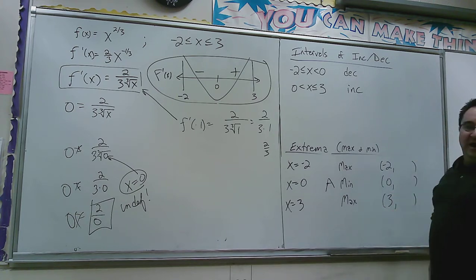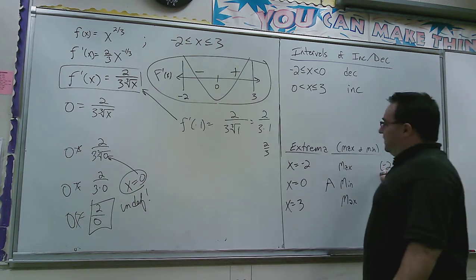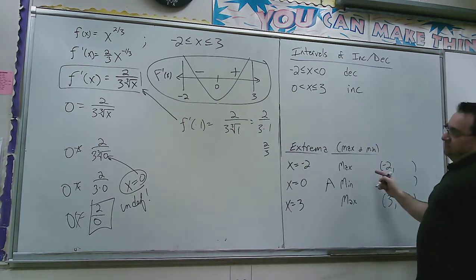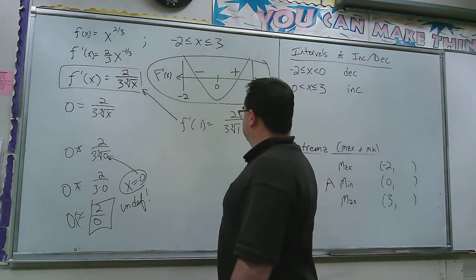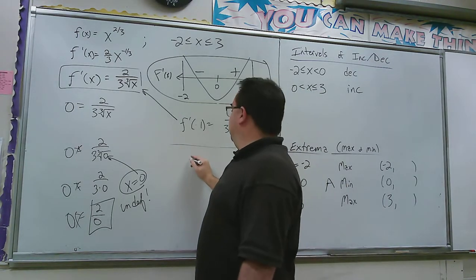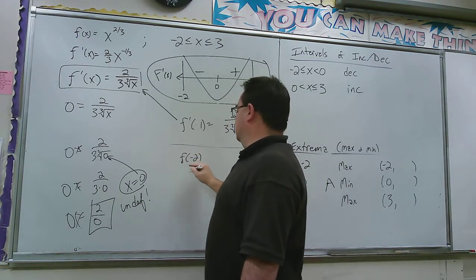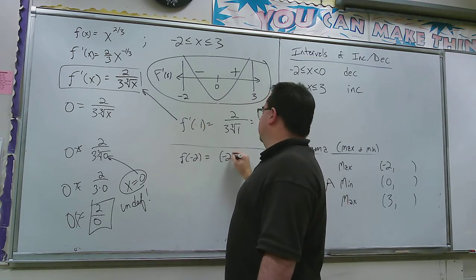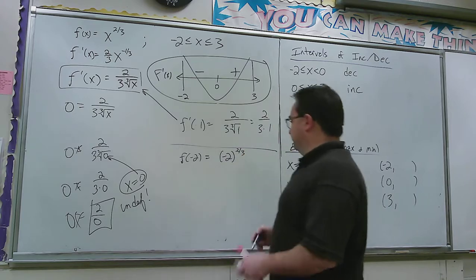How do you get the y coordinate of a graph? You plug an x into the original equation. So this one is going to be f of -2, not the derivative, the original, is (-2)^(2/3).